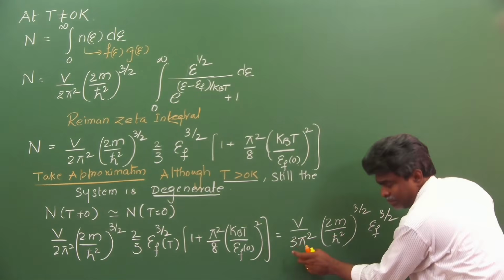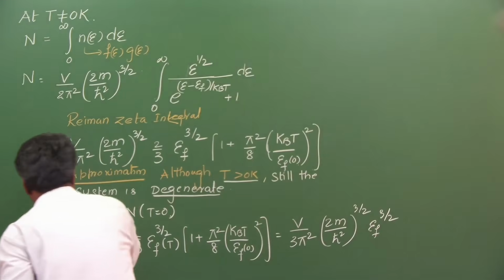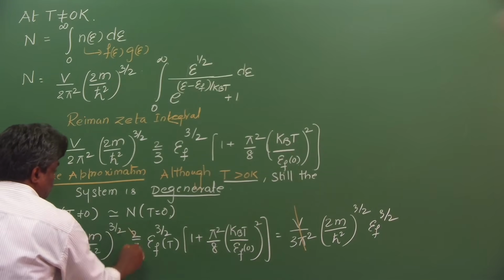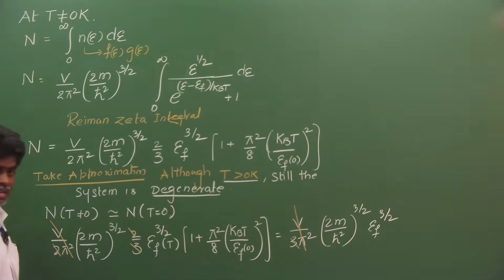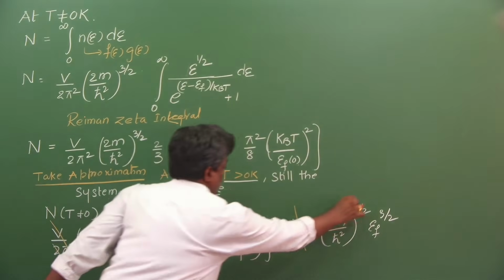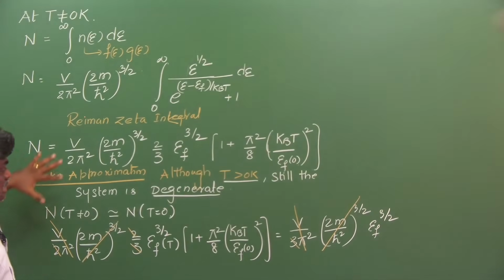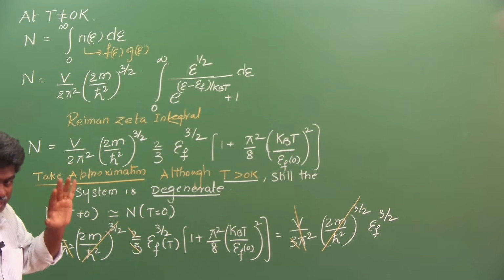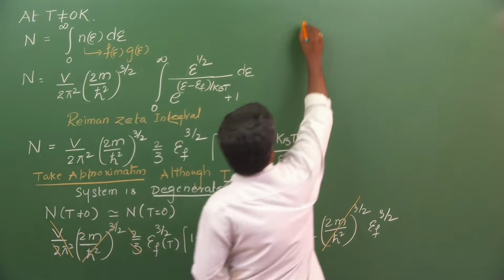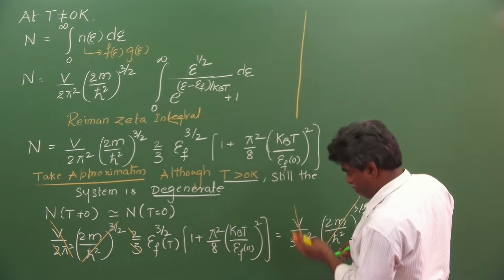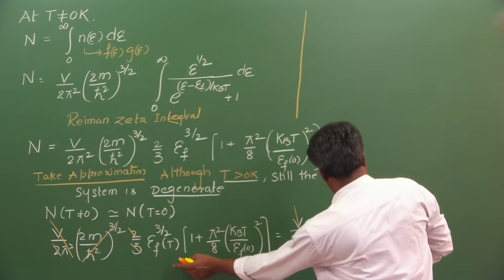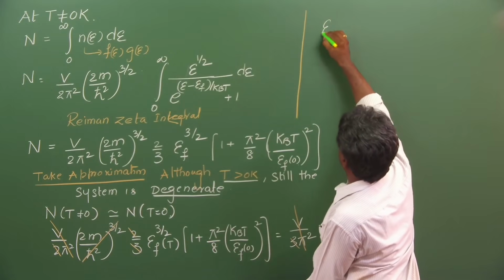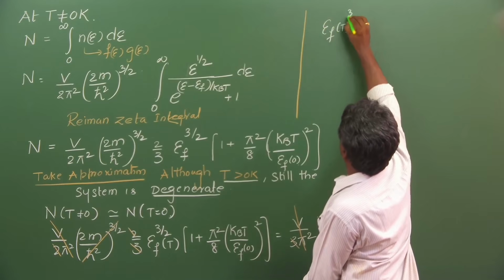The 2 and 3 get cancelled, leaving V by 2 pi square. One more time, similar mathematics we will do in the Bose-Einstein condensation, so please remember that. Then what's the remaining? This is EF of 0.